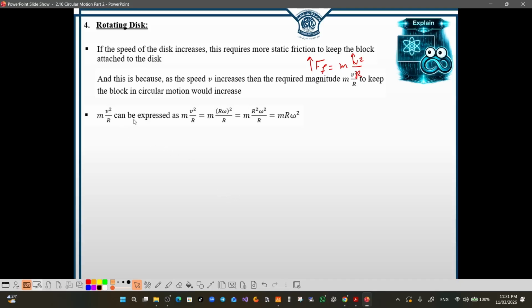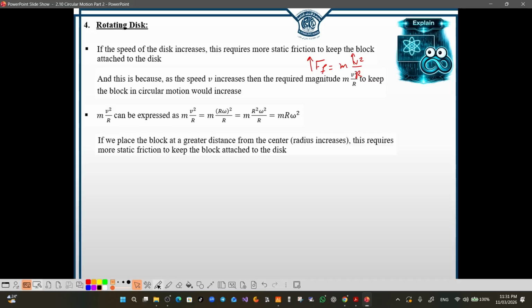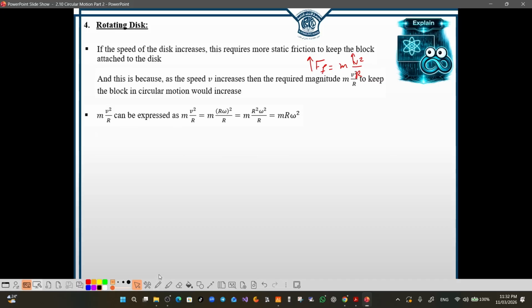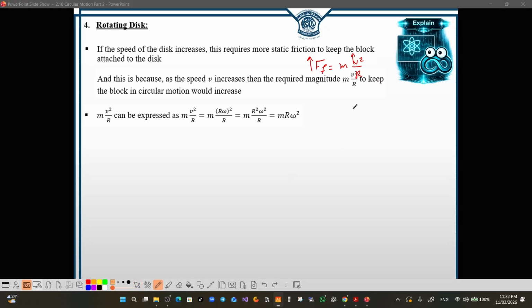Now, mv squared over r can be expressed differently. Let me remind you that v equals rω. This is what we found yesterday, in the previous session. Now, if we replace v here with rω, we will get (rω) to the power 2. Let's apply the power 2 on r and ω. Don't forget you have mass here.